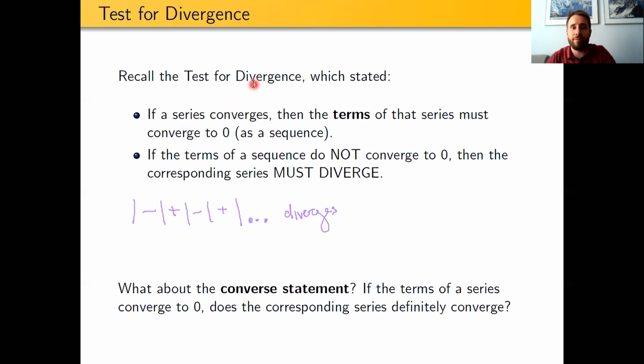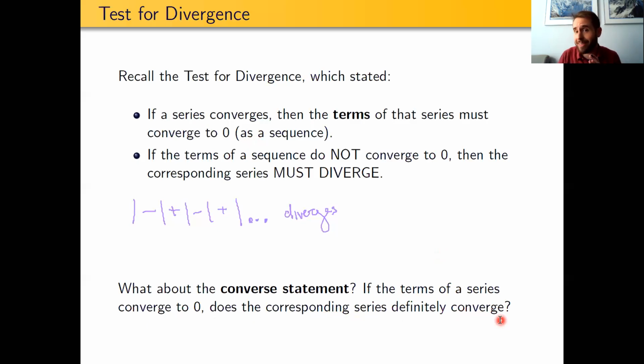So the converse would flip the statement where the series converges and the statement of the terms of the series converging to zero. So the question that we want to ask is, if the terms of a series converge to zero, does the corresponding series definitely converge? In other words, is this converse statement actually true?